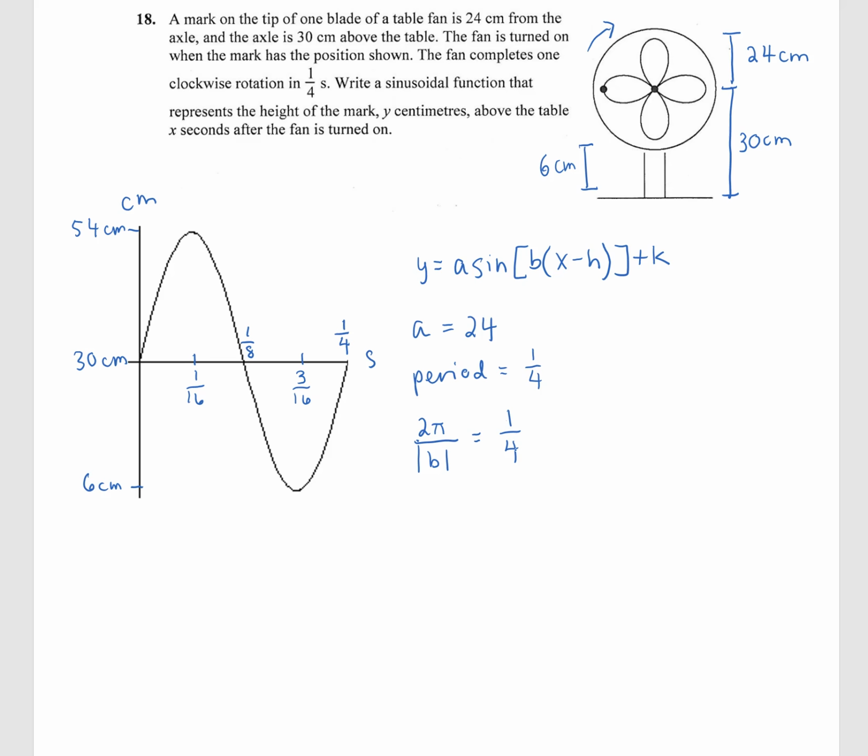So cross multiplying here, 2 pi times 4 is 8 pi. That equals the absolute value of b. So therefore b in our equation is 8 pi.